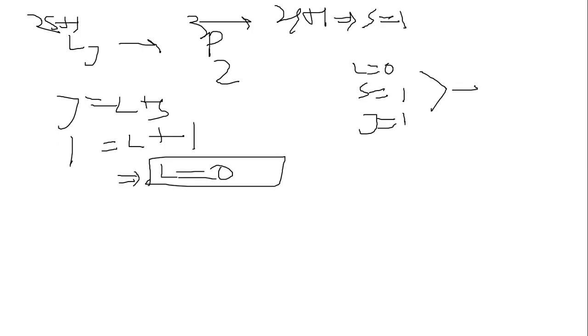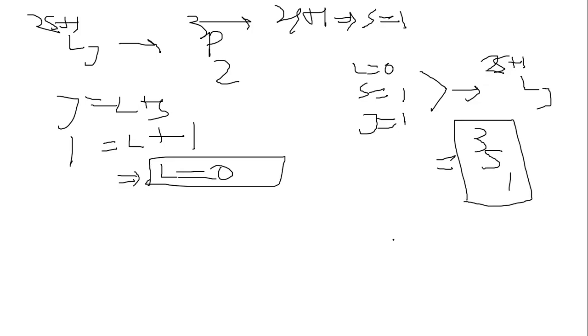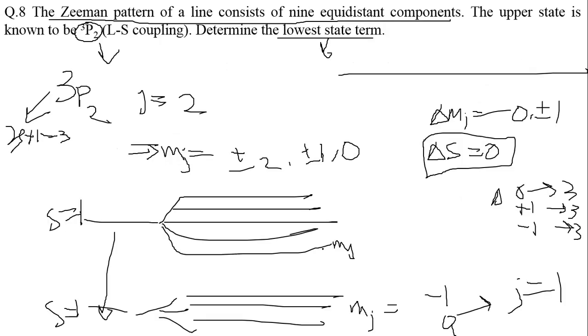Can anyone tell me? The spectroscopic term for which L equals to 0, S equals to 1 and J equals to 1, what will be the value in terms of 2S plus 1 Lj? For S equal to 1, what will be 2S plus 1? Then it will be 3. Since L equal to 0, here L we write S, and J equal to 1. So if the lower level is 3s1, then there will be 9 transitions.